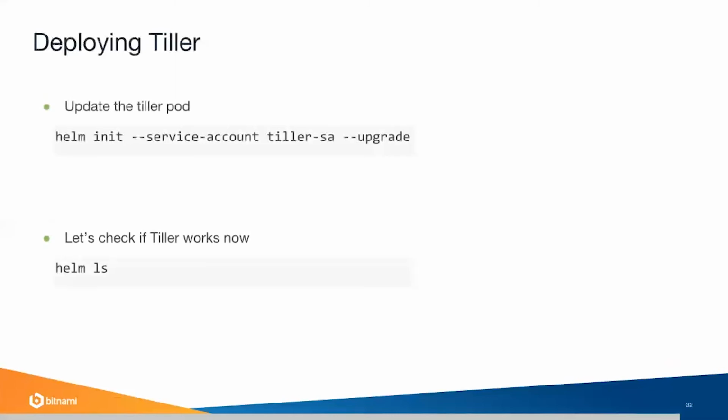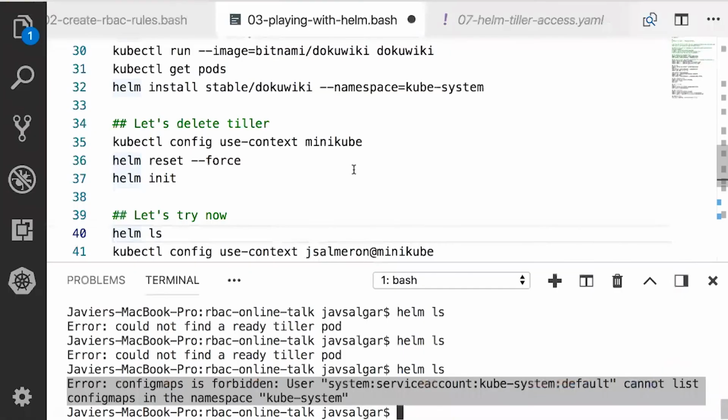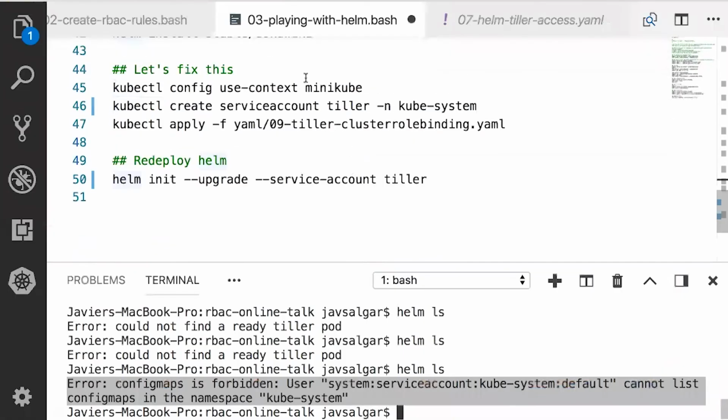Basically, we will create a service account, and we will use this cluster role binding, and then it will just work again. What I do here is create a service account and apply the cluster role binding. And now, when we use helm init, we specify which service account it should use.